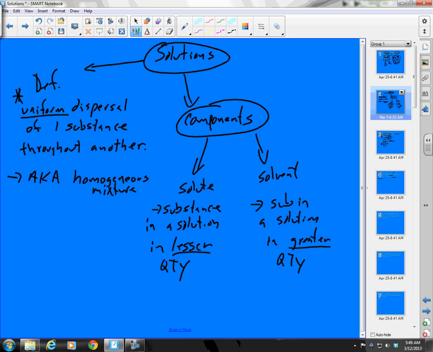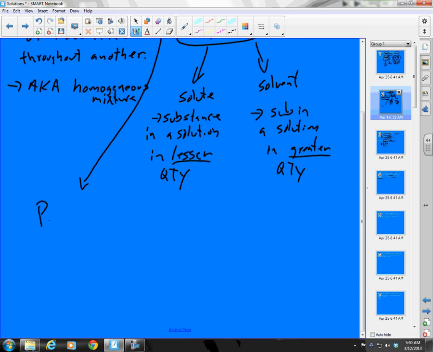And let's come down here and let's talk about the process. What is the process of making a solution? And the process of making a solution is what we call solvation.